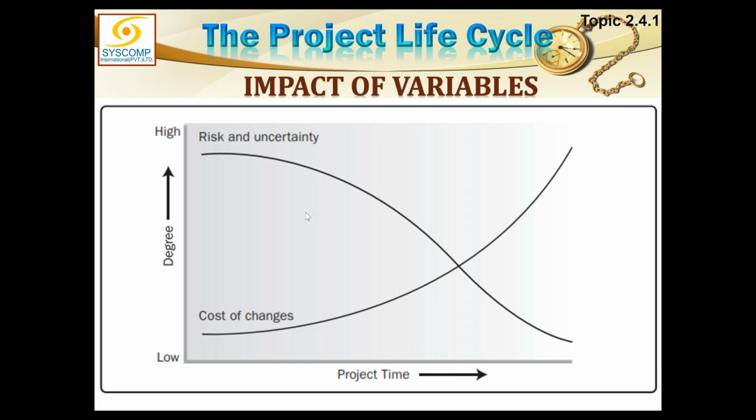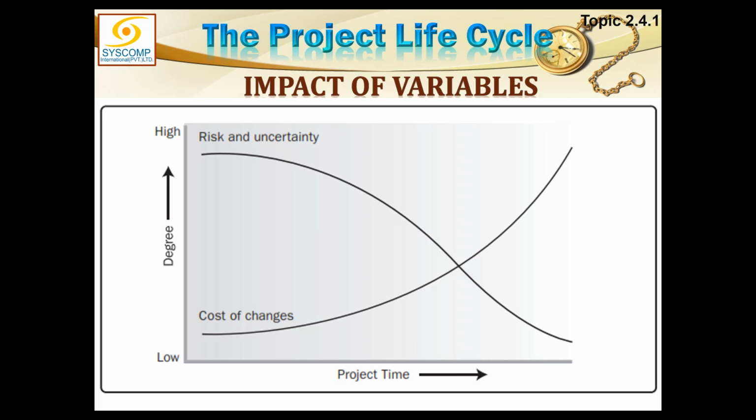On the other hand, if you want to change anything at any stage in the project and during the life cycle of the project, the cost of change in the beginning is minimal. We are planning something and you tell me to change something, it's very easy for me to change it in the plans rather than to change it actually on ground.